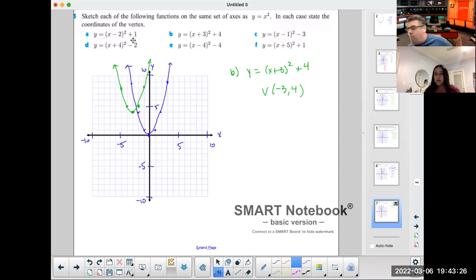Because the vertex form is like, you want to take the, sorry, not the y, the k and the h, or h and k, I guess. Because in C it's a -3, would you take the negative because you can't really cancel that?